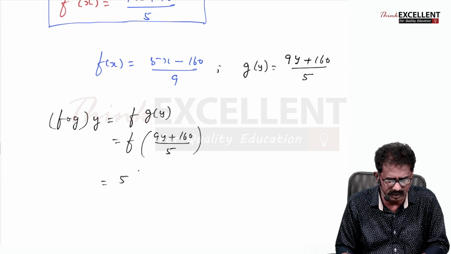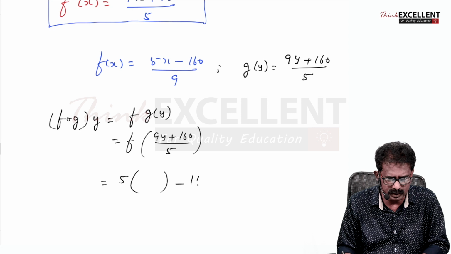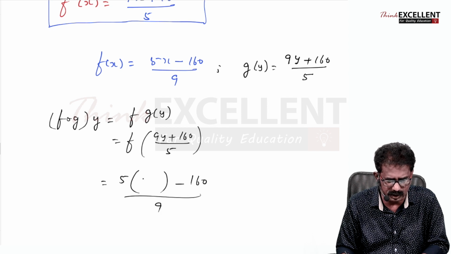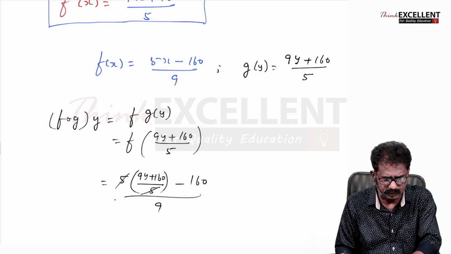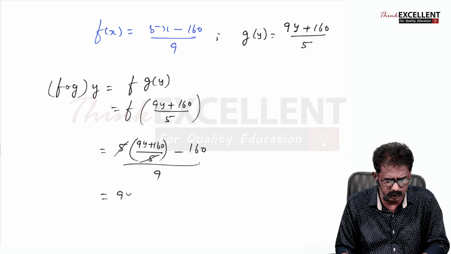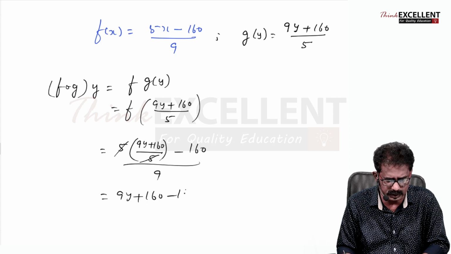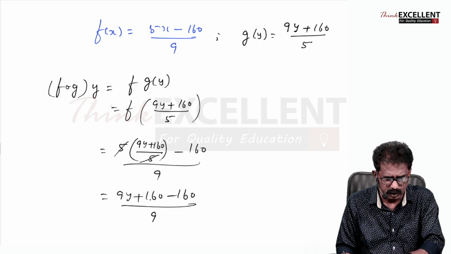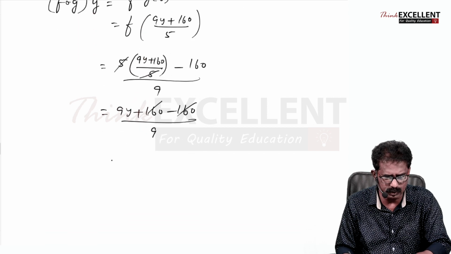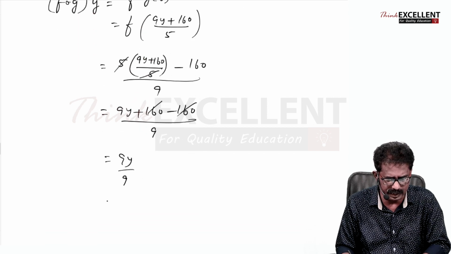What is f? (5x minus 160) by 9. So in the bracket you put (9y plus 160) by 5. 5 and 5 cancel. You are getting (9y plus 160 minus 160) by 9. 160 minus 160 cancel. You are getting 9y by 9. 9 cancel, y. So that is I of y, right?